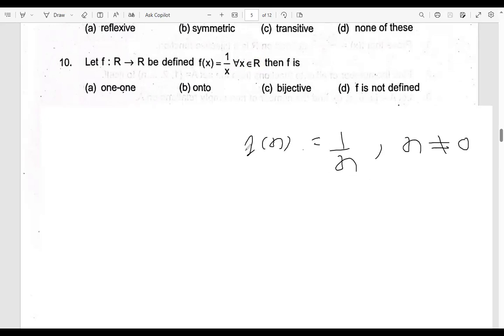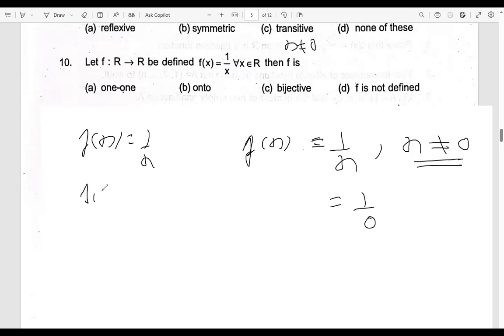Once again, we know that f(x) = 1/x is defined for x not equal to 0, because any number divided by 0 is not defined. And it's not mentioned. Had it been x not equal to 0, then we would have checked whether it's one-one. Then it is bijective, as you know that f(x) = 1/x.